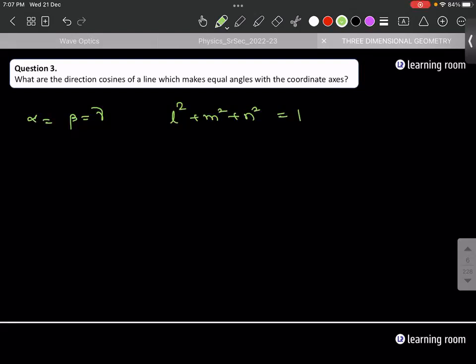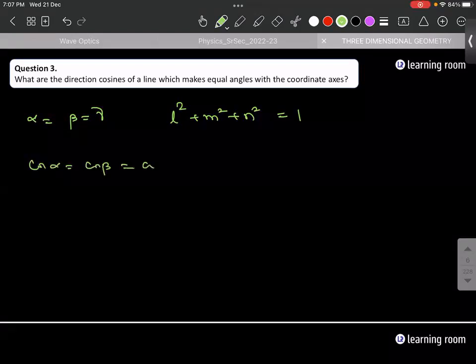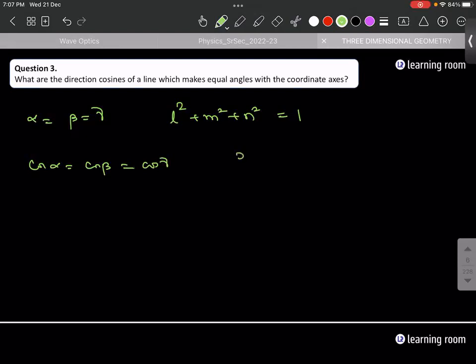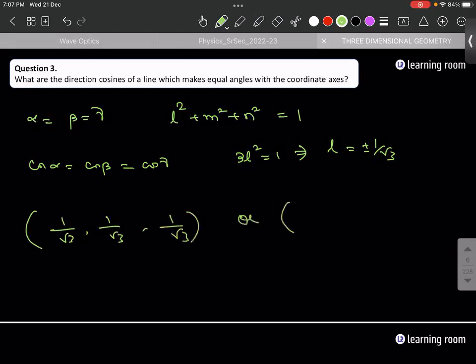So if alpha is equal to beta is equal to gamma, I can say cos alpha is equal to cos beta is equal to cos gamma. So 3 times l square will be 1, which implies l is equal to 1 by root 3 with a plus or minus sign. So the direction cosines can be 1 by root 3, 1 by root 3, and 1 by root 3, or minus 1 by root 3, minus 1 by root 3, and minus 1 by root 3.